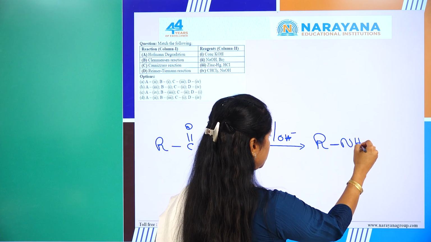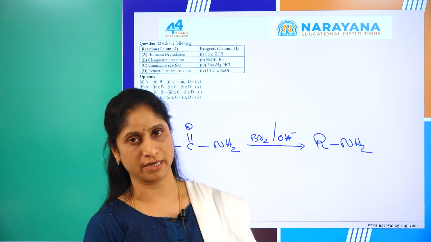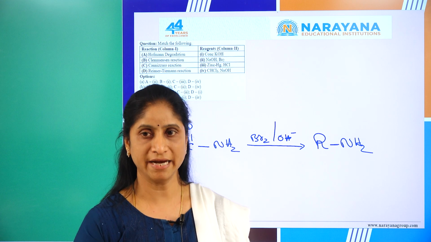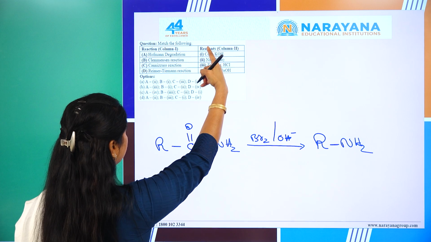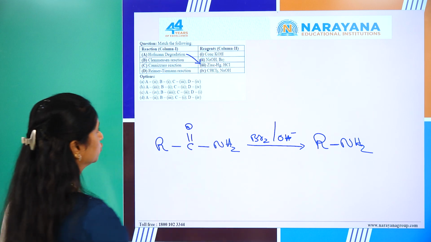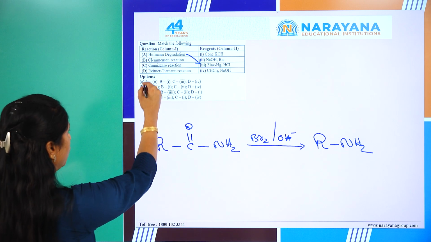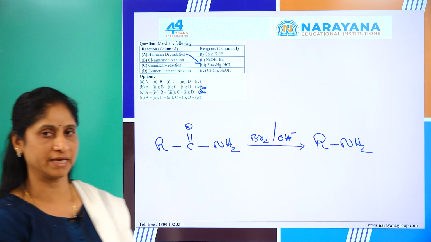It's a rearrangement reaction through alkyl isocyanate as an intermediate, which on hydrolysis gives a primary amine. So Hofmann bromamide degradation I can match with option 2. Option 2 has only A and D, so I am eliminating these two. Elimination mechanism also you can observe.